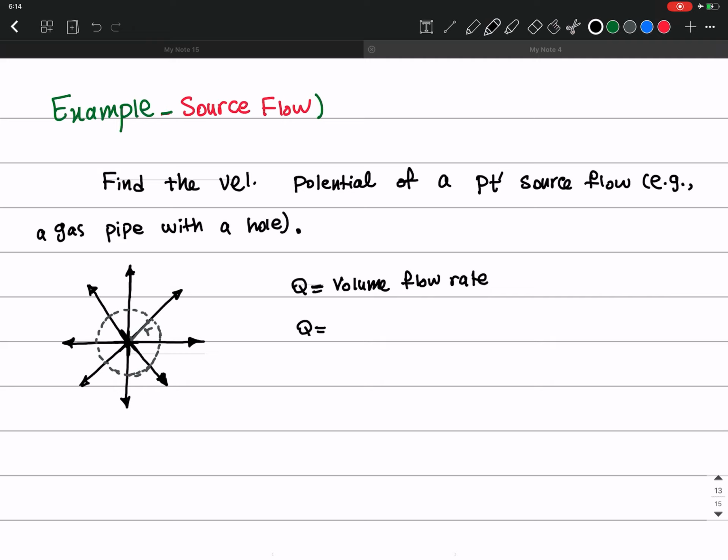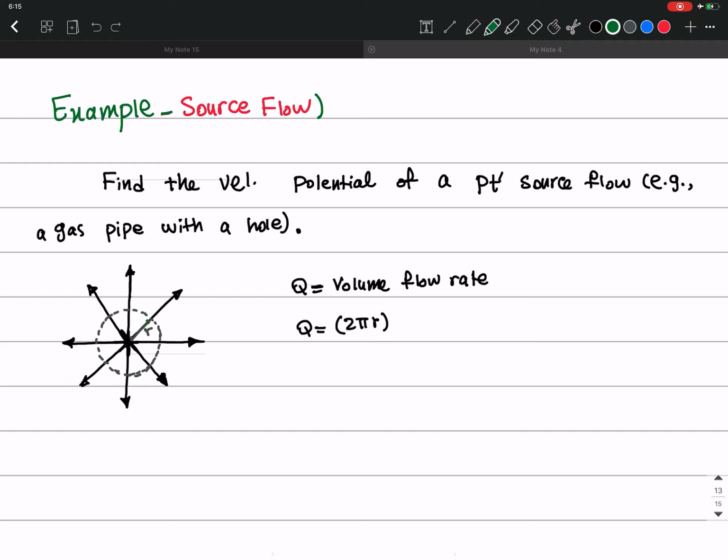So what is the volume flow rate here? It's going to be the perimeter, 2 pi R, times the velocity. If we have a radial velocity, u_r, that is how much flow is going out.